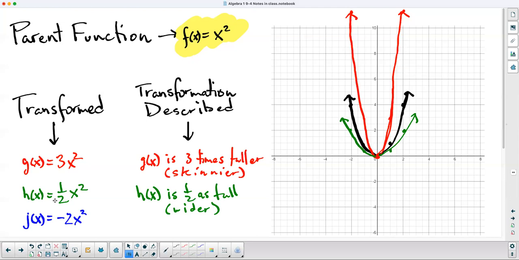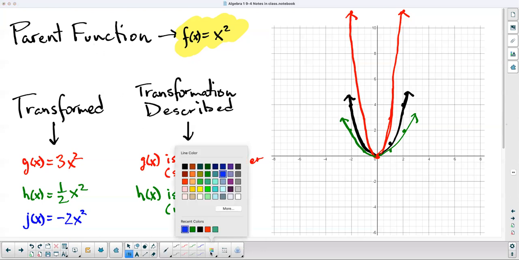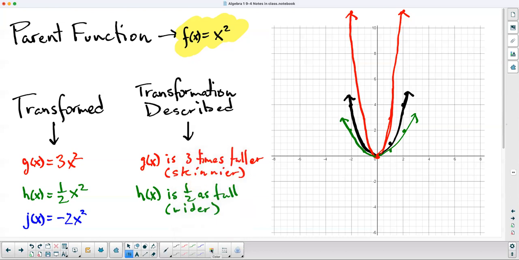Soren, what would you say for the negative 2x squared, the blue one? What do you anticipate it's going to look like? I'm not sure.